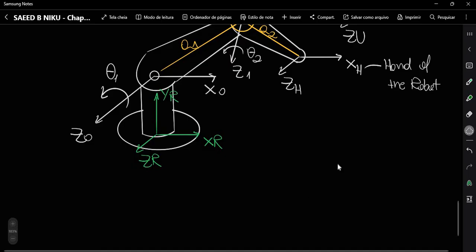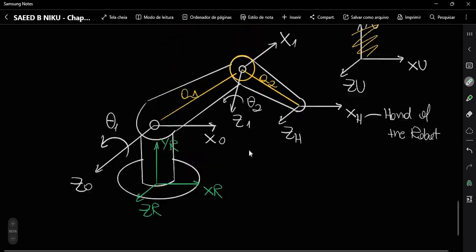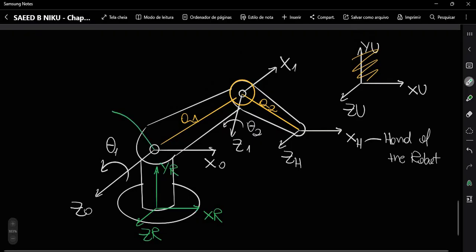Okay. And now this is sometimes seen as reference frame number 1, sometimes as reference frame number 0. So right here is number 0.